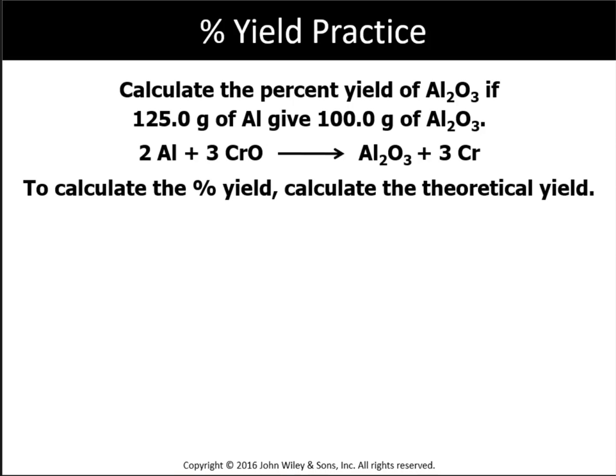To find it, we have to know the theoretical yield, which is the expected amount of aluminum oxide. So if we use 125 grams of aluminum, we want to know the maximum amount of aluminum oxide that we expect to get.